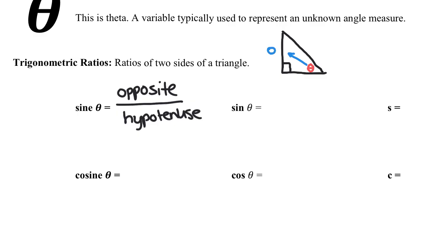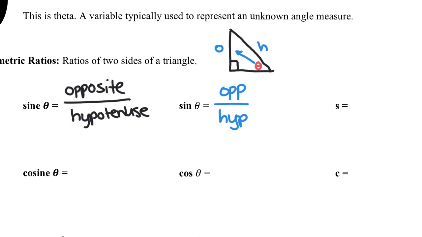It's across from that 90 degrees. So it will be over here. The abbreviation for sine, you just take the E off, and you have sine of theta is going to be the ratio of the opposite compared to the hypotenuse. And then we're going to shorten that just a little bit more to say S is equal to O over H.